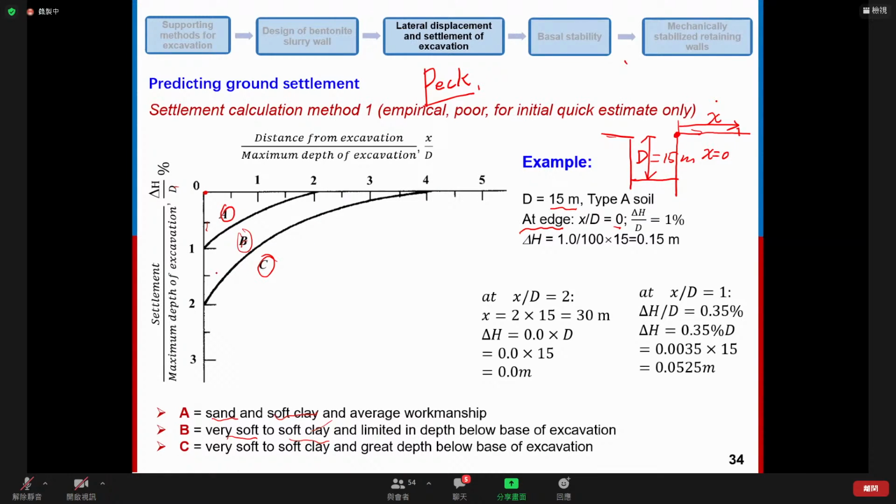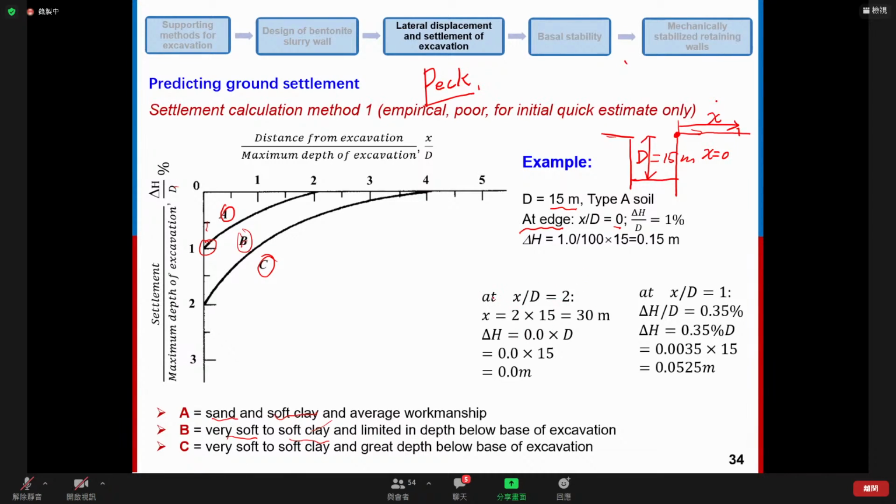And then from this curve, we can see the settlement over the depth of excavation, delta H divided by D, equals 1%. We already know D equals 15. So we can calculate the settlement delta H equals 0.1 meter at the edge of the excavation.